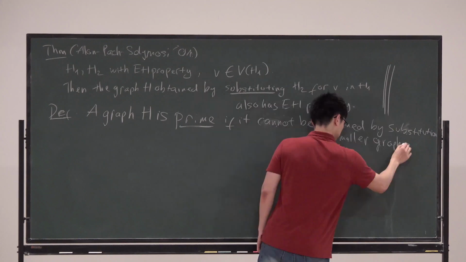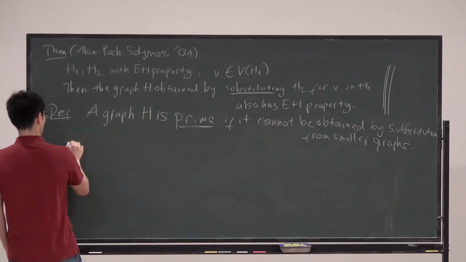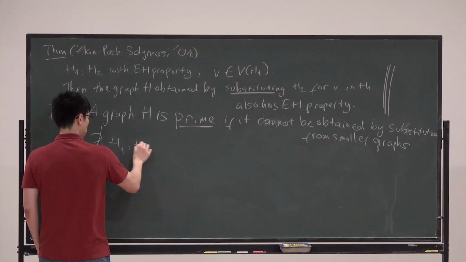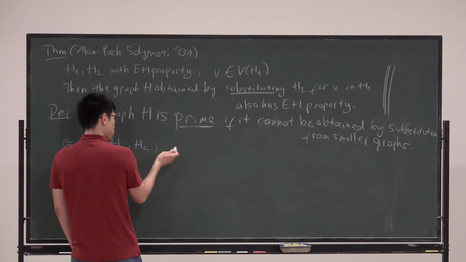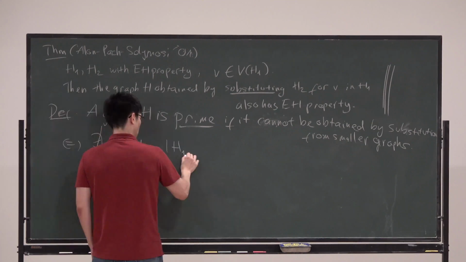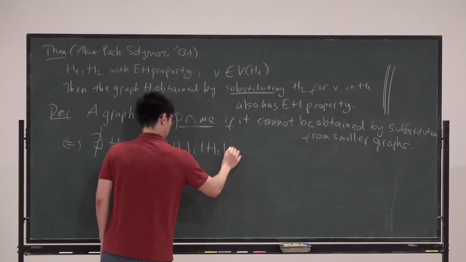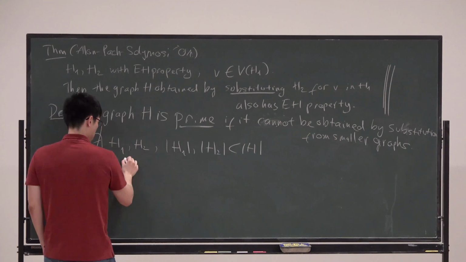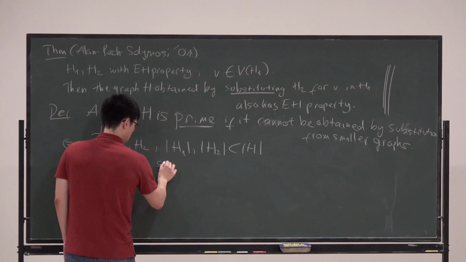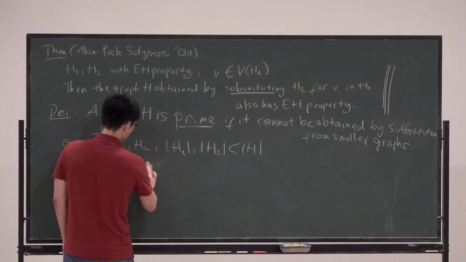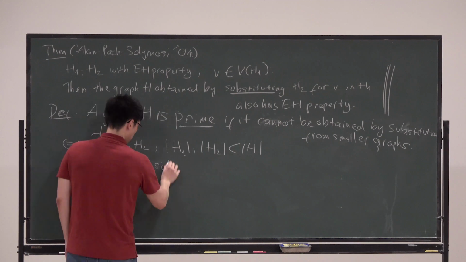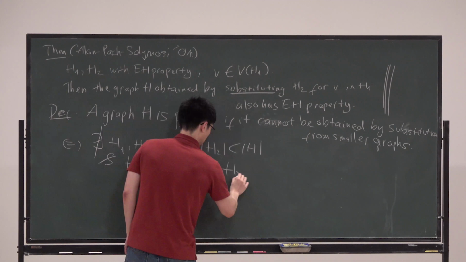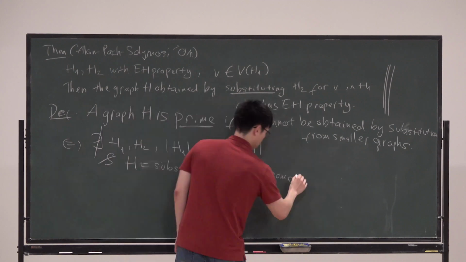So in other words, there are no graphs H1 and H2 whose number of vertices is strictly smaller than the number of vertices of H, such that H can be obtained by substituting H2 for some vertex of H1.